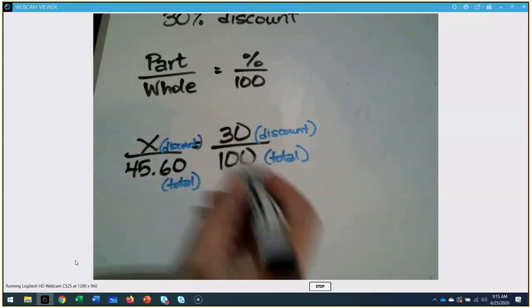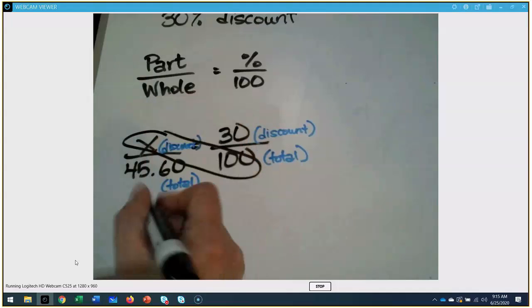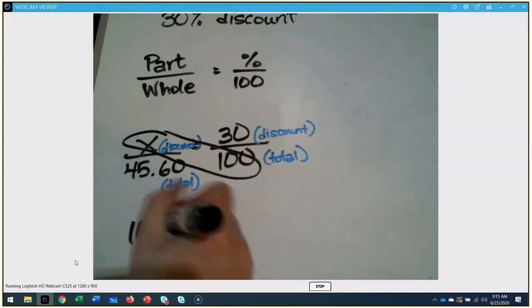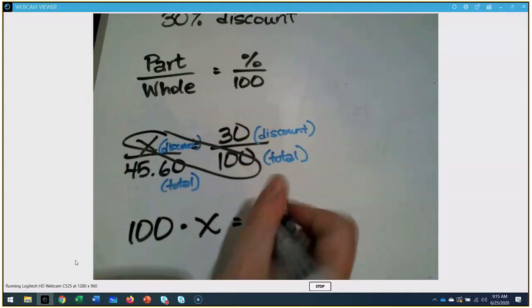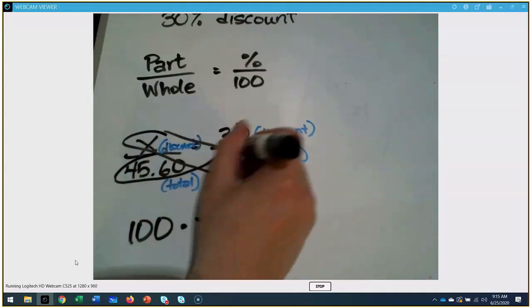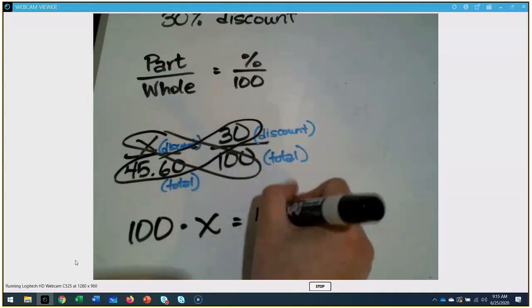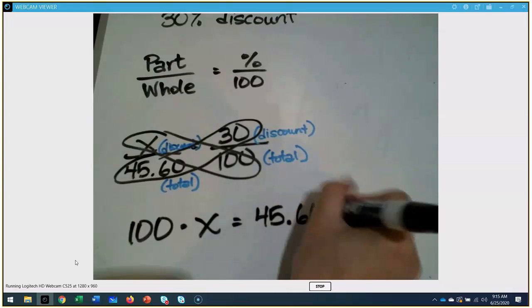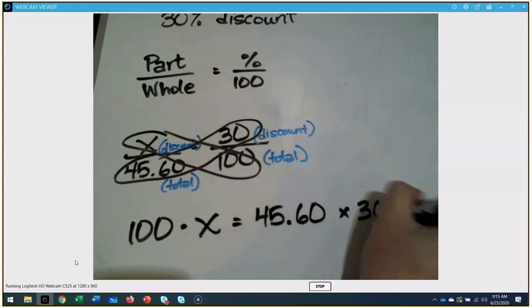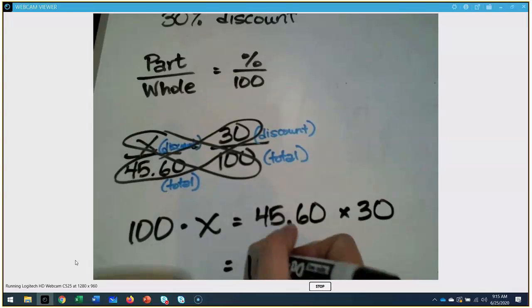So let's see what that comes out to be. 100 times X, and 45.60 times 30, that'll be 1,368.